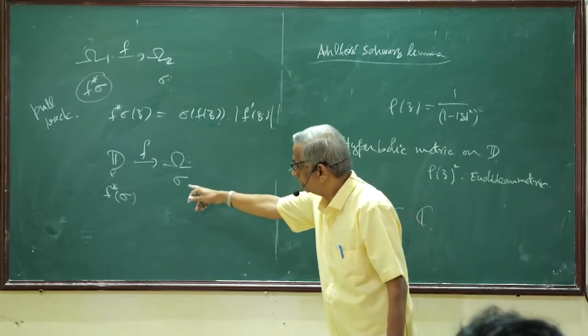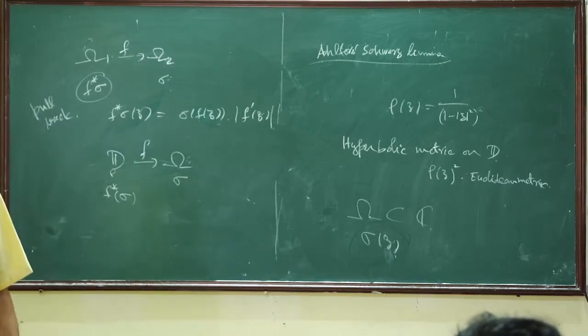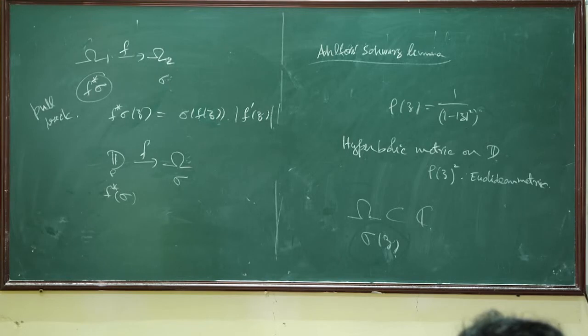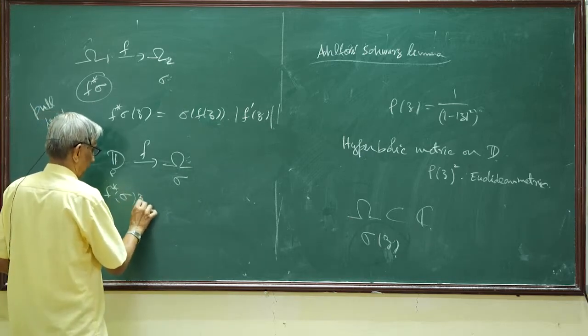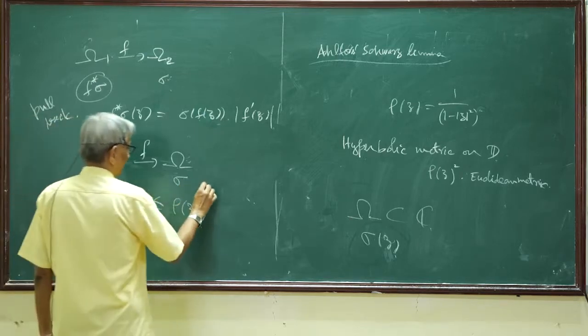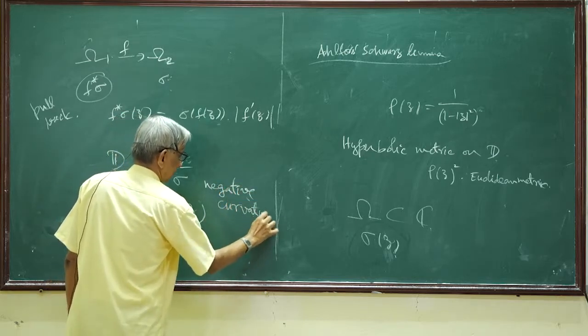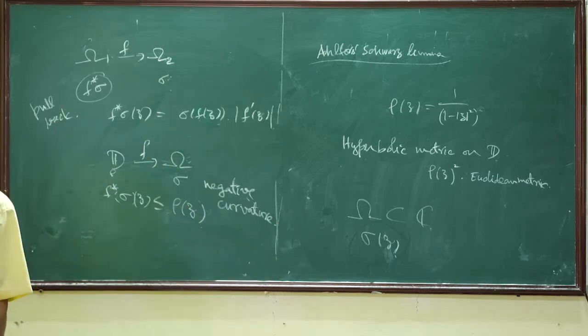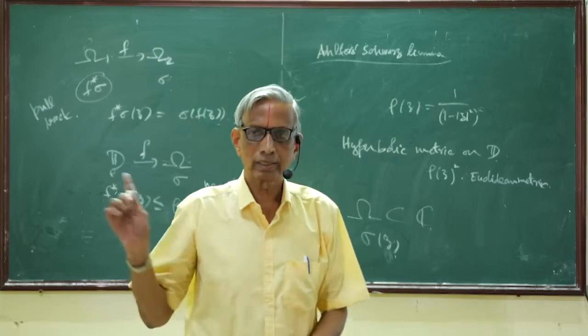If this gives you negative curvature less than or equal to minus c for some fixed c, then its pullback is dominated by the hyperbolic metric.